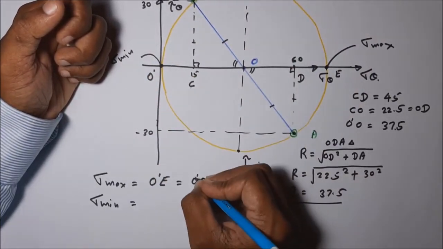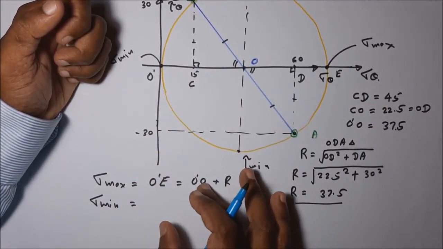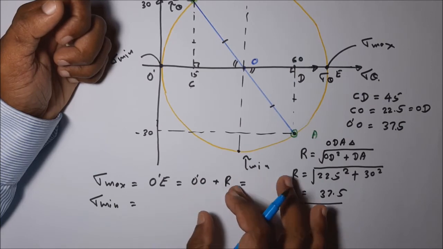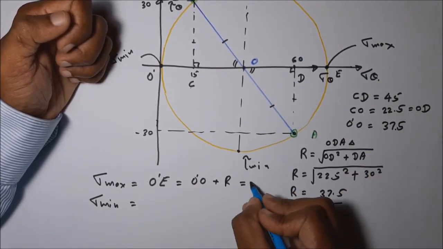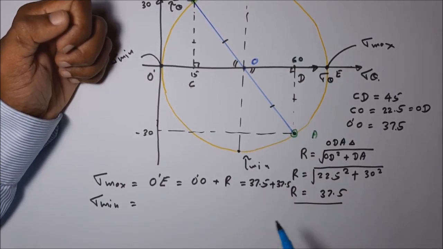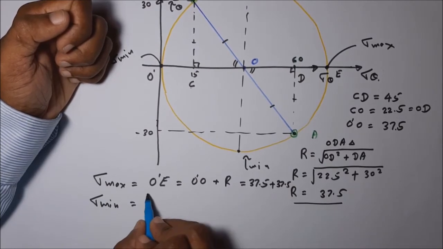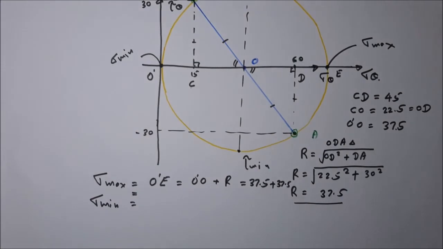Don't forget about it. So what is O dash O? 37.5 plus R, again 37.5. So what is the value for sigma maximum? 37.5.